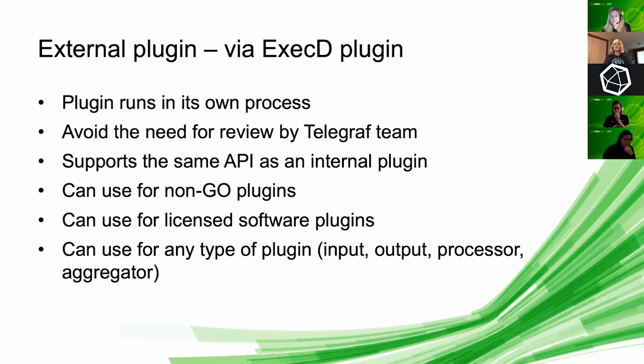We've seen some people who've had difficulty where their plugin has relied on some licensed software that isn't available in the open source community. And so this gives you a level of flexibility because the plugin is running in its own process. And you can use this for any type of plugin, whether it's the inputs, the outputs, the processor, or the aggregator style plugin.